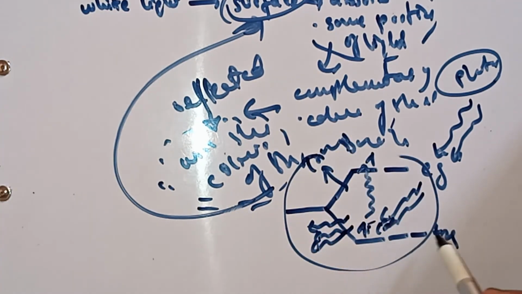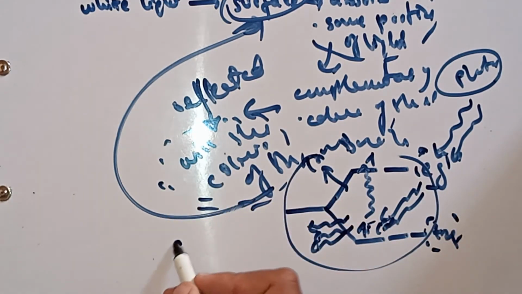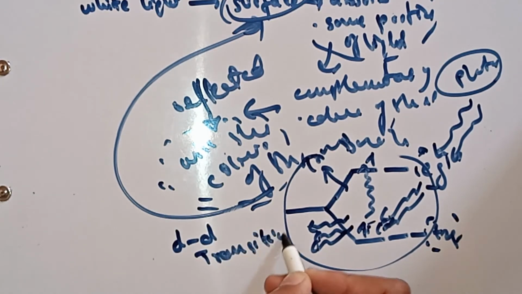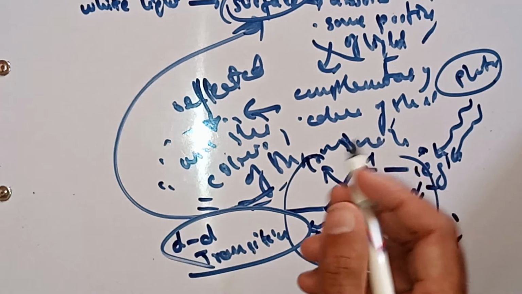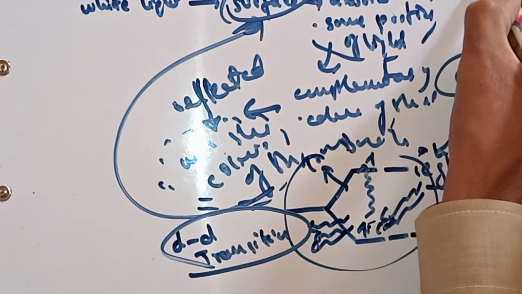This is the transition from one set of d orbitals to another set of d orbitals. That's why this transition is called d-d transition. Also you can say that today's topic is d-d transition.